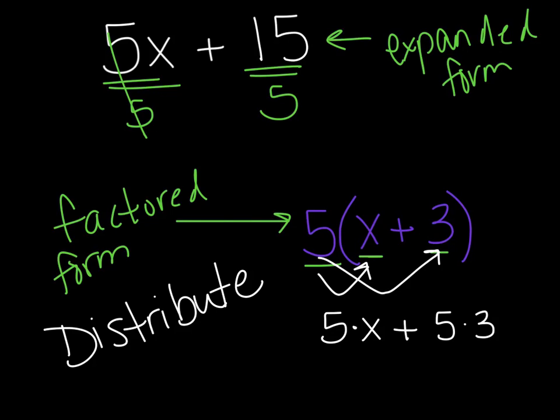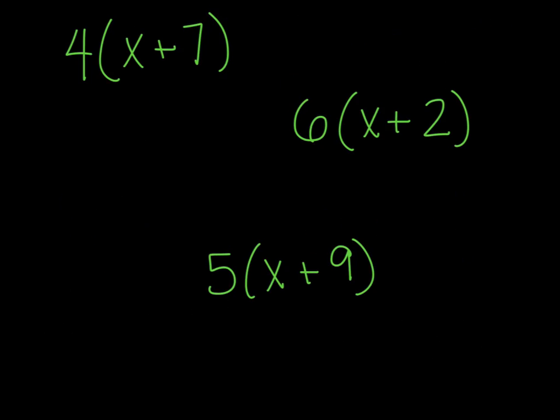So that as we simplify, this becomes 5x plus 15. Go ahead and write down these 3 expressions. If you want to continue to think about bags and blocks, you can quickly draw yourself what this represents.